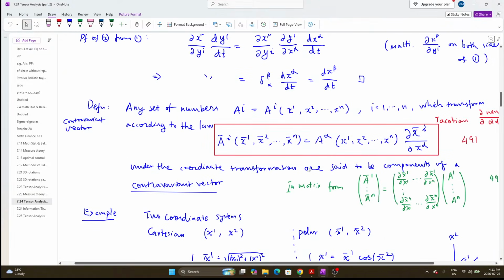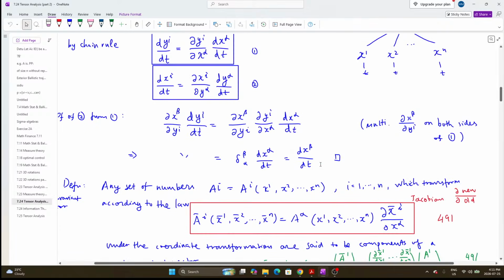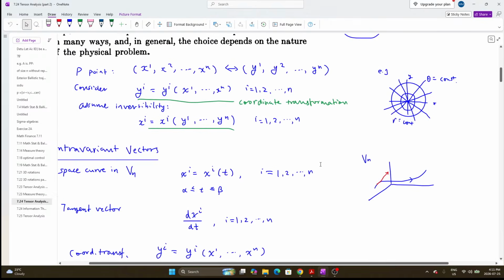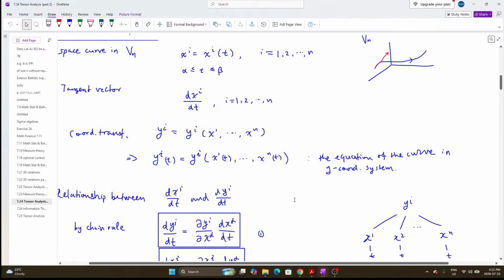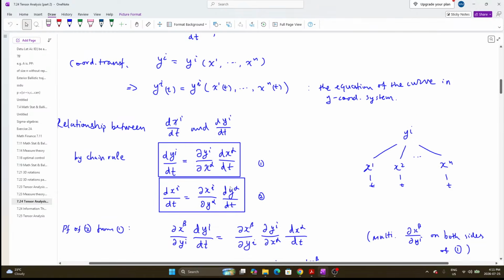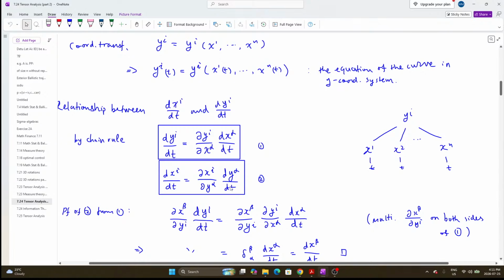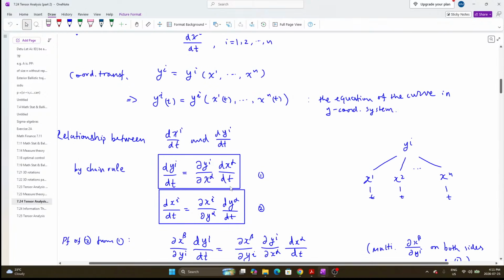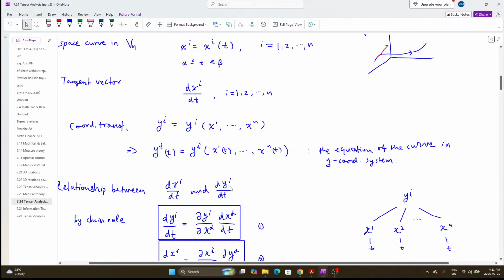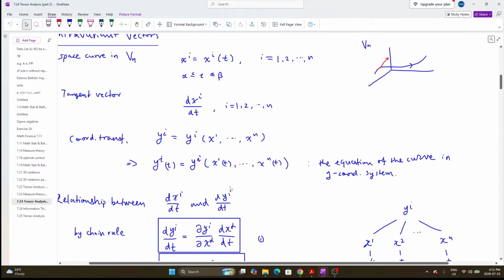When we introduced the contravariant transformation law, we considered a space curve in n-dimensional space, and then considered the tangent vector and how the tangent vector transforms. It turns out the tangent vector transforms according to the contravariant law. That's the origin story of the contravariant vector.